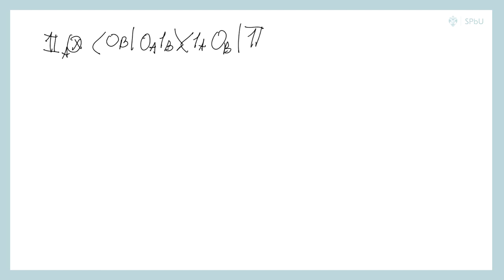It has the form identity A tensor multiplied by 0B, 0A, 1B, 1A, 0B, and again identity A tensor by 0B. So this is just the term we are considering now.